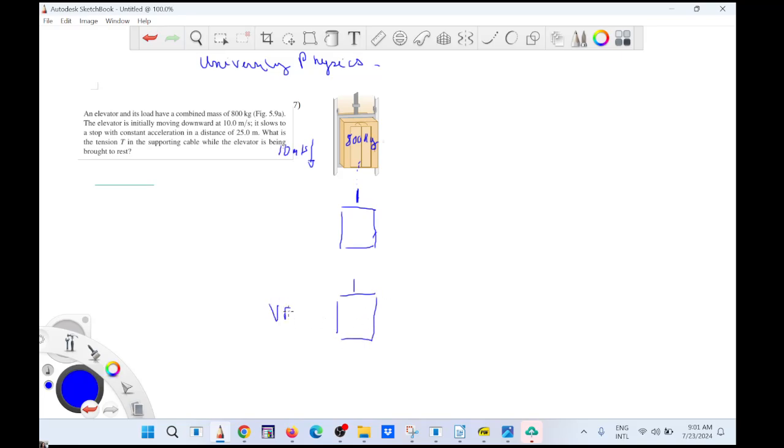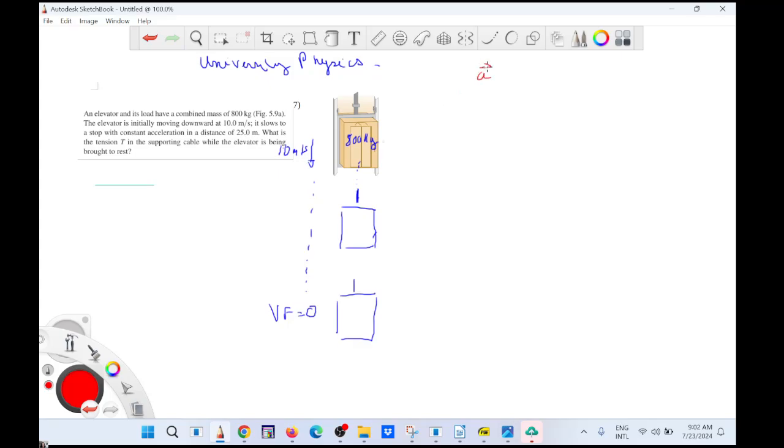So v final equals 0. It's moving down, so if it's going to slow down, the first thing you need to understand is which way the acceleration is pointing.